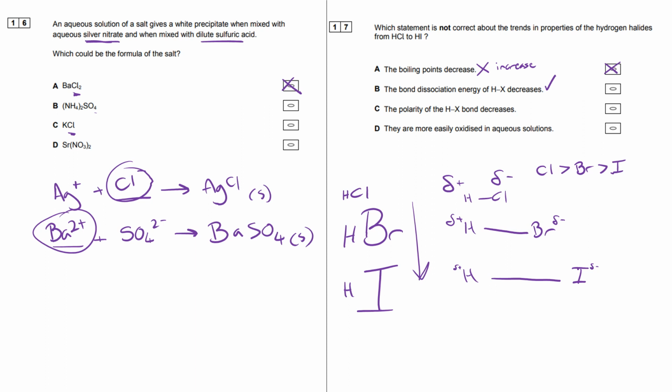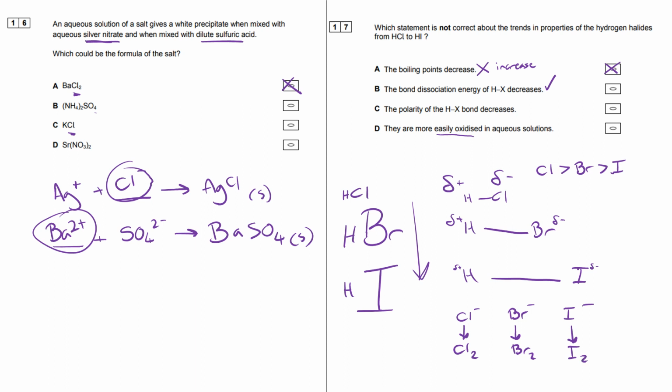Are they more easily oxidized in aqueous solutions? So the hydrogen halides will have an oxidation state for halides of -1. So when they're oxidized, they are losing electrons to become the diatomic element. So which one is going to lose the electrons most easily?